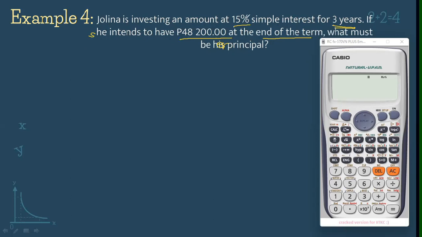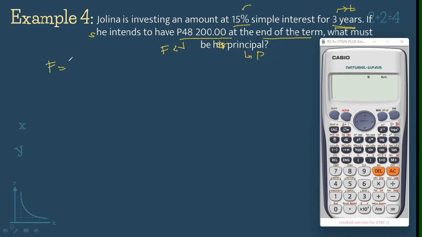Meron po tayo ditong rate, meron din po tayong future value, and we are looking for the P, or the principal. Meron din po tayong time. Lahat po ng variable ay makikita po ulit doon sa last natin na formula, so yun din po ulit yung gagamitin natin.